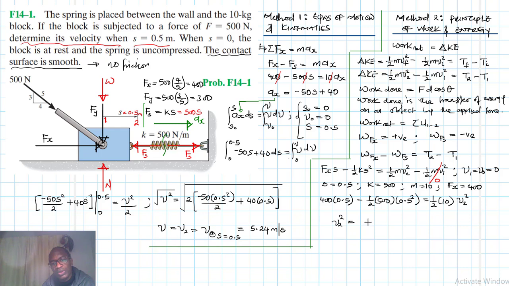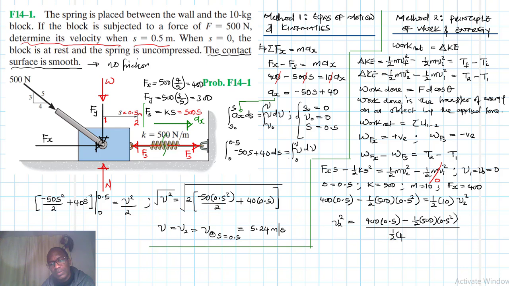And therefore this is just going to be equal to 400 by 0.5 minus half 500 by 0.5 squared, then divided by half by 10.